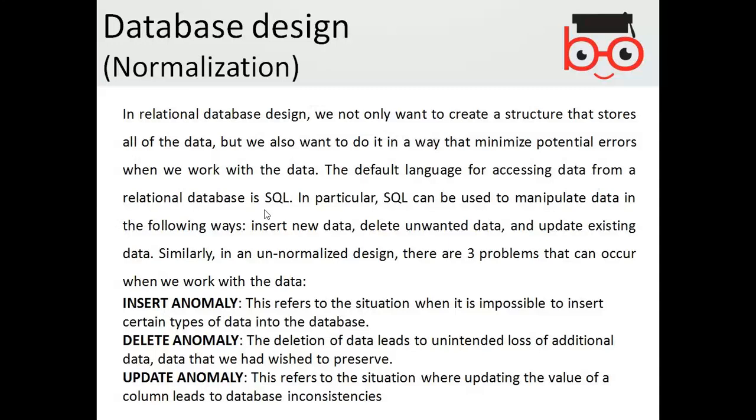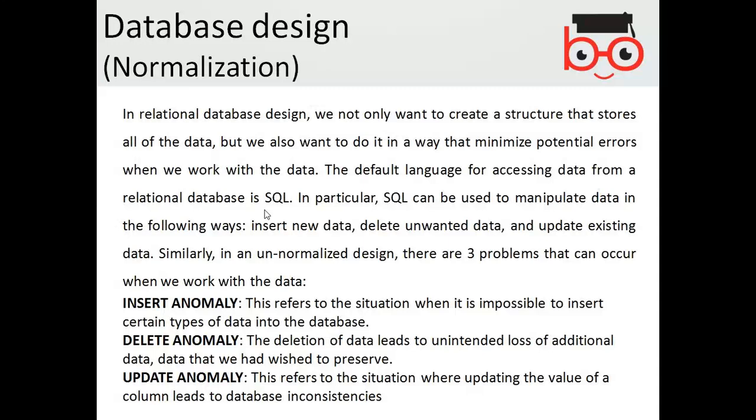So in a relational database, it's not only about creating a structure to store the data, but in what way we should store it so that there are no potential errors. The potential errors could be insert anomaly. This refers to the situation when it is impossible to insert certain types of data into a database.